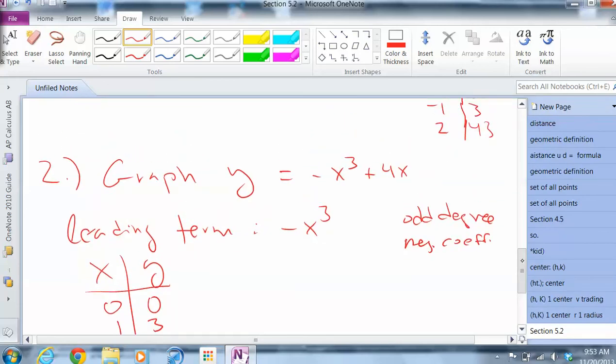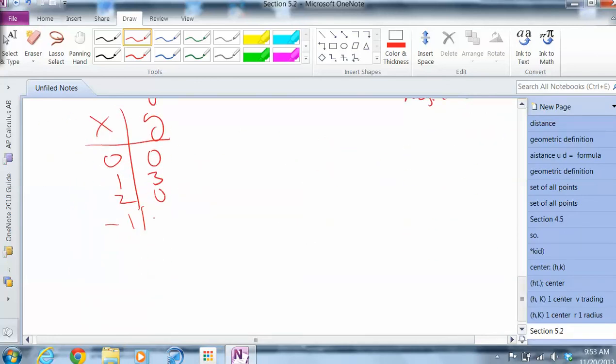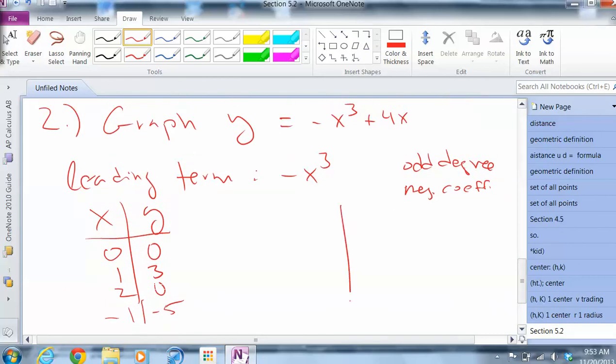I should get negative 5. So now we make our plot, or plot our points, so we sketch our graph. So 0, 0, 1, 3, 2, 0, negative 1, negative 5.